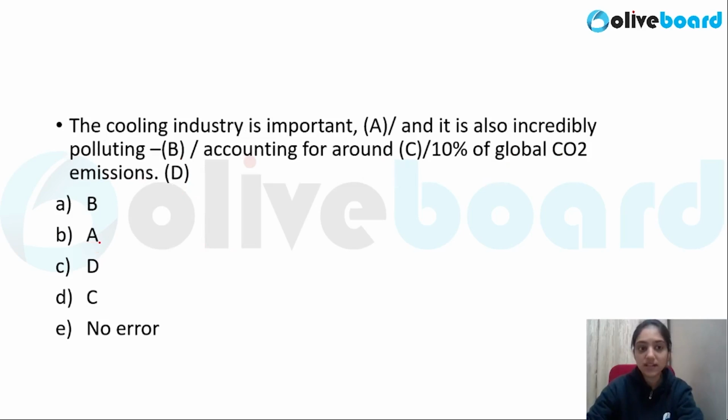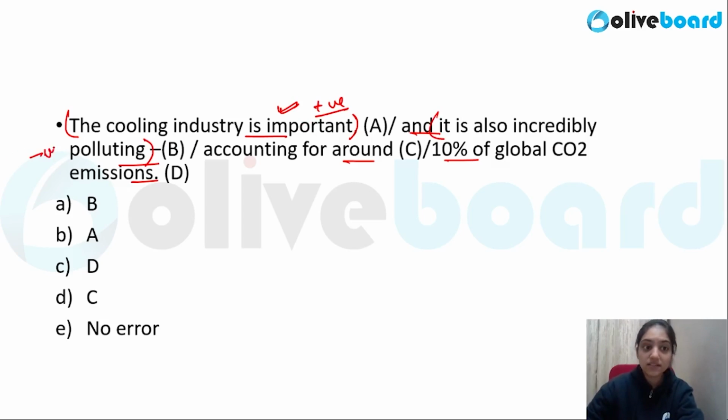The next sentence says, the cooling industry is important and it is also incredibly polluting, accounting for around 10% of global CO2 emissions. Now, if you were to notice, the first phrase here says the cooling industry is important. The fact that it is important, this here carries a positive connotation. While if you were to notice the second phrase, it says it is also incredibly polluting.